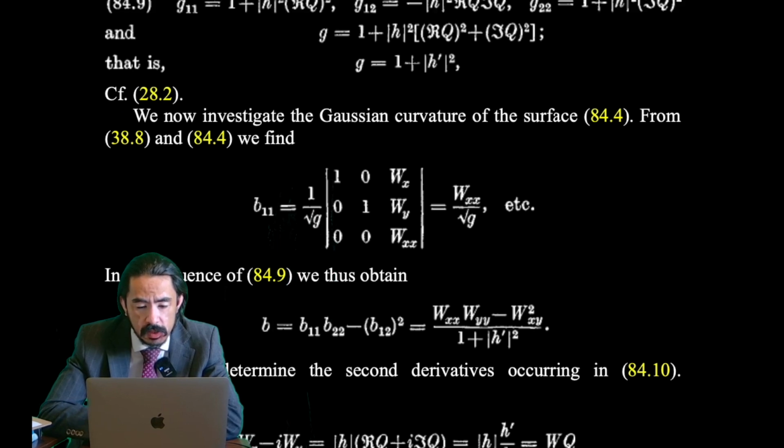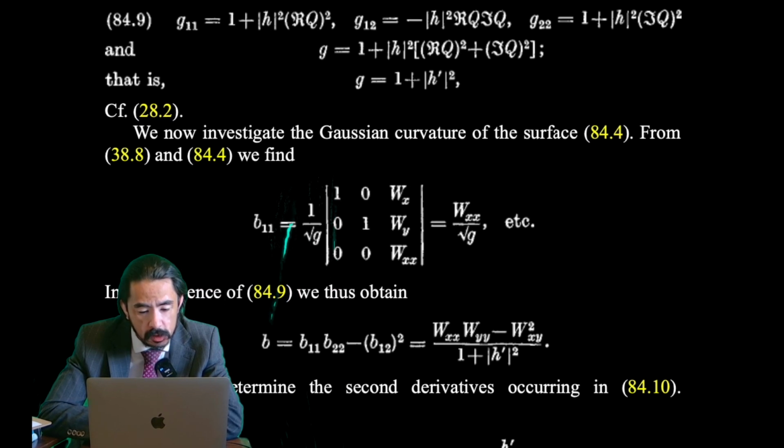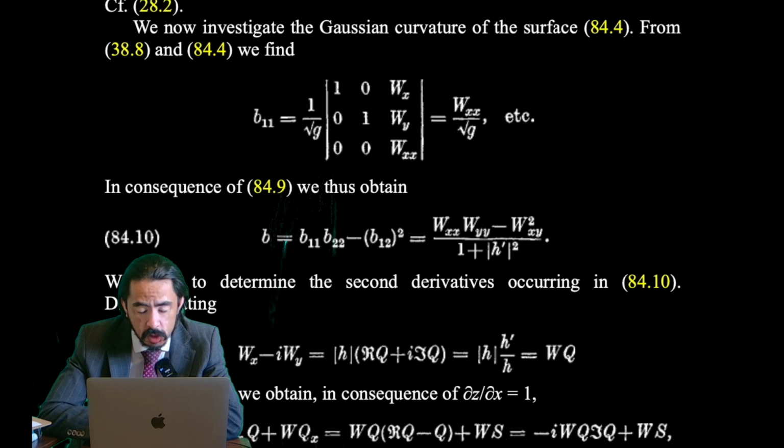In consequence of the components of the first fundamental form, which we laid out here, we obtain that the discriminant of the second fundamental form, lowercase b, is equal to, of course, as we know, b sub 1 times b sub 2 minus the square of b sub 12.